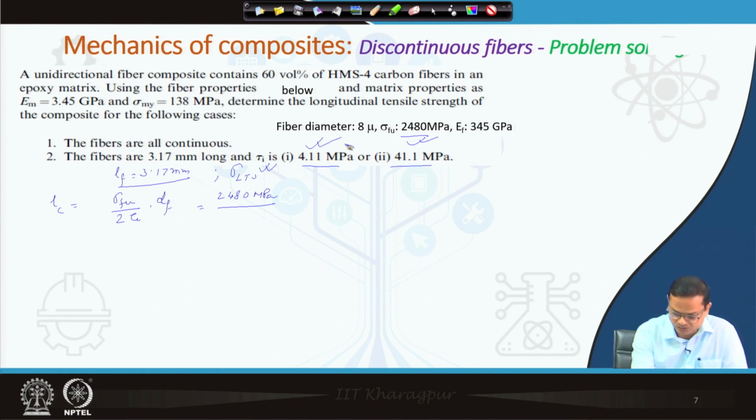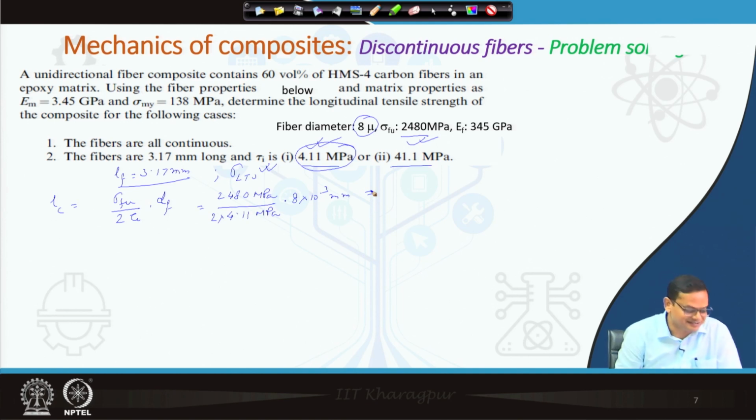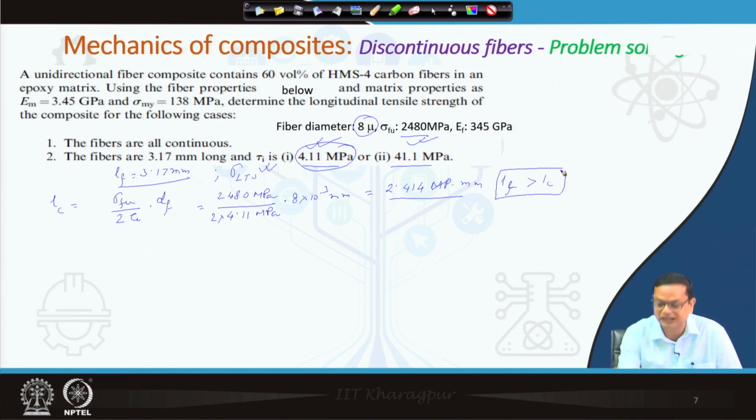Let us look at the first one, which is 4.11 MPa. 2 multiplied by the diameter of the fiber, given as 8 micrometer, so 8 into 10 to the power minus 3 millimeter. From here you can calculate L_C. What you will see is that L_C comes to around 2.414 millimeter. That means L_F is more than L_C.